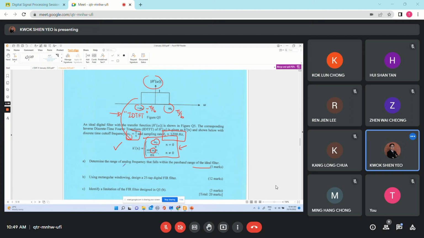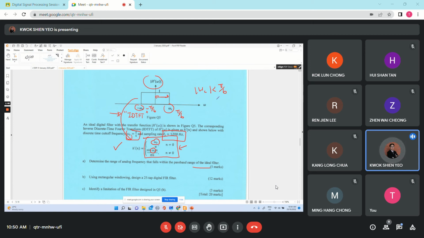One way to see it is the passband range. Here, this is the passband range, from 0 to pi over 6. This must be smaller than pi over 6.